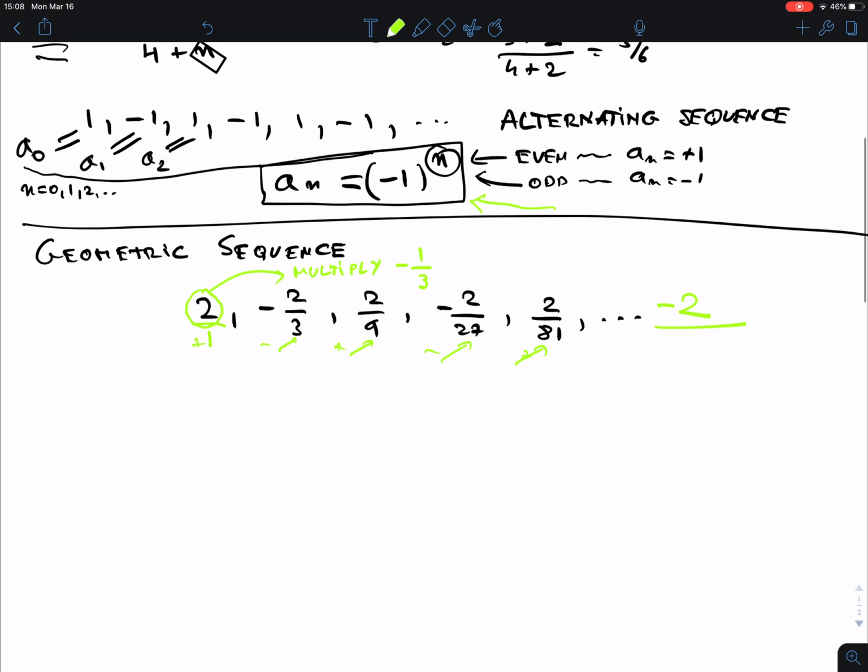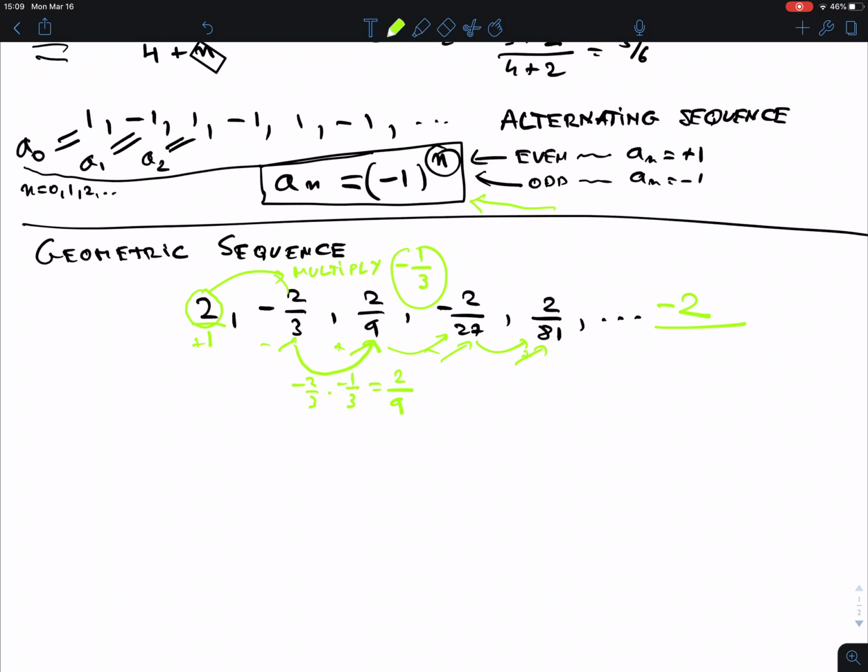If I do that, then I get this element. But notice that the same thing happens here. Multiply minus 2/3 by this minus 1/3, and I get minus minus is plus 2, in the bottom 9ths. And now you can check that each time the same thing happens. And that is what a geometric sequence is.